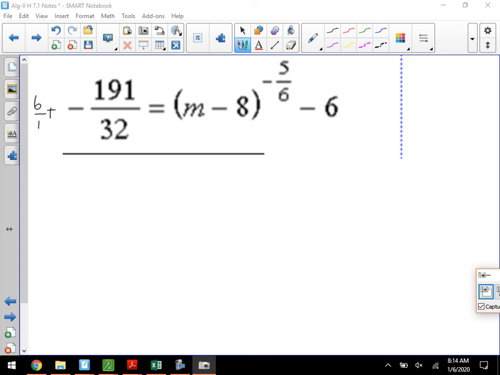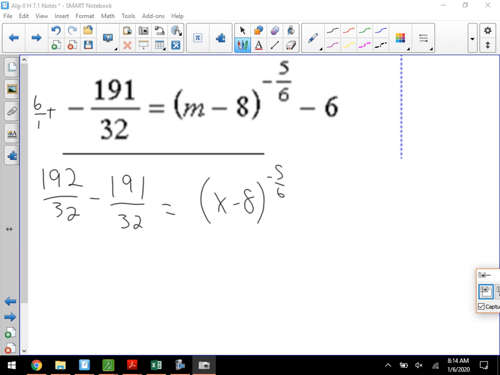That's not too bad. We get 192. Does that look normal now? Yeah, pretty normal. What's 192 minus 191?